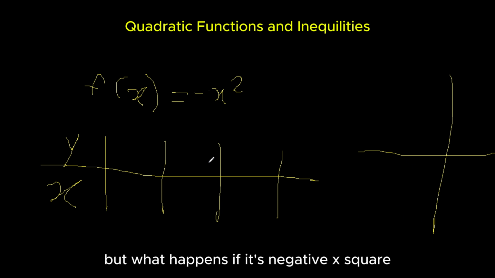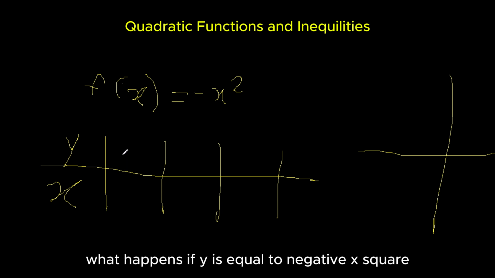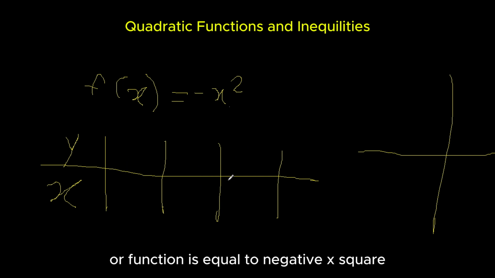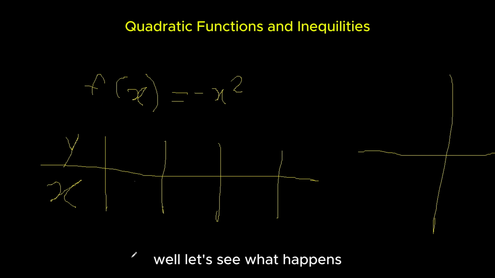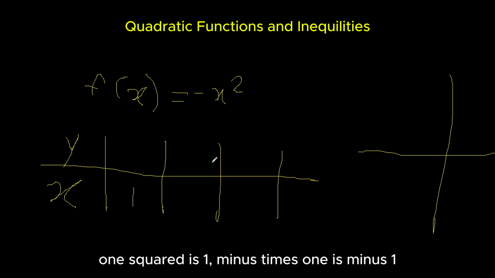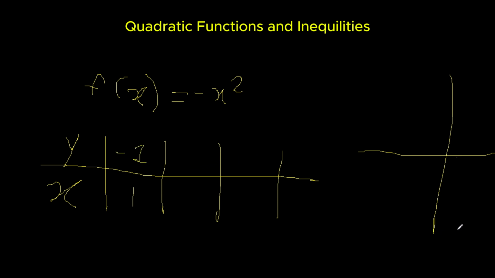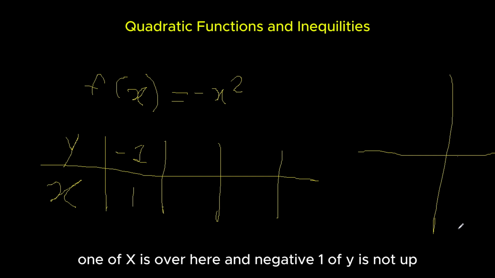But what happens if it's negative x squared? What happens if y is equal to negative x squared, or the function is equal to negative x squared? Well, let's see what happens. Let's start with 1. 1 squared is 1. Minus times 1 is minus 1. So 1 of x is over here, and negative 1 of y is not up, but it's down.